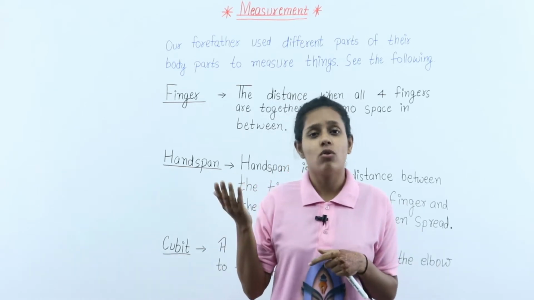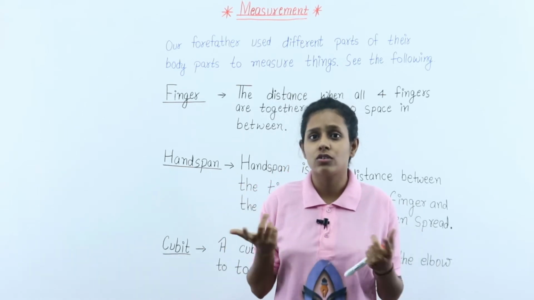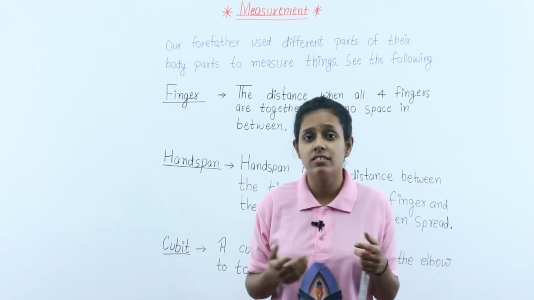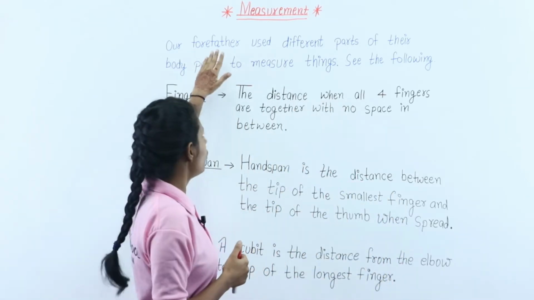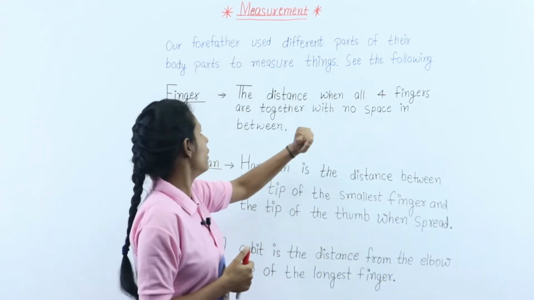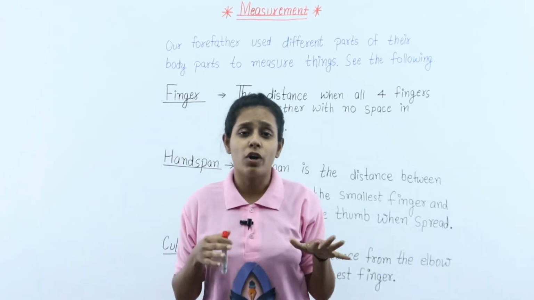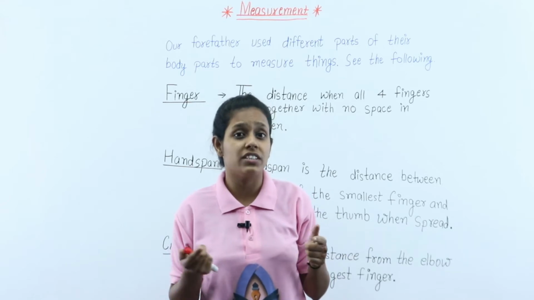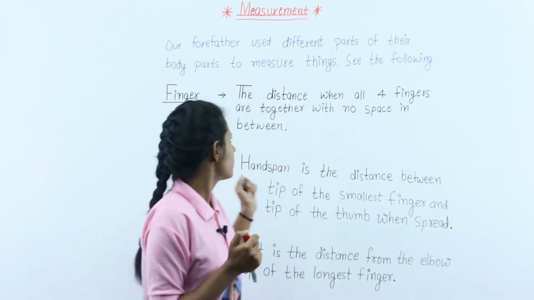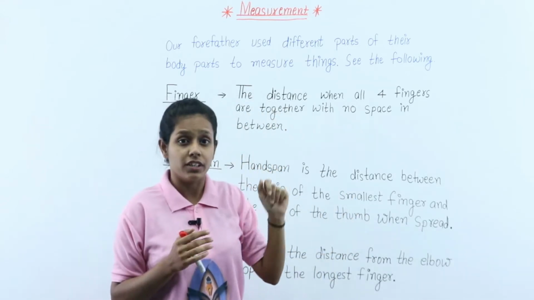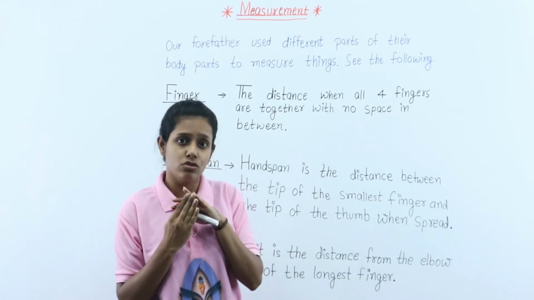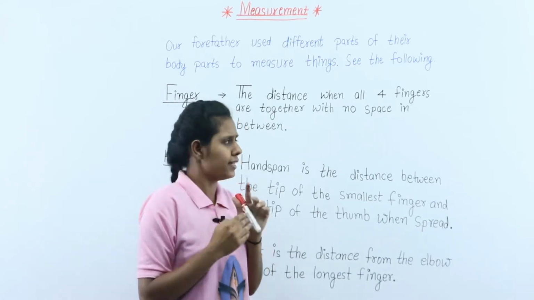But in old times, what did our forefathers use to measure things? Our forefathers used different parts of their body. Our body parts are also used for measuring different things. First is the finger.